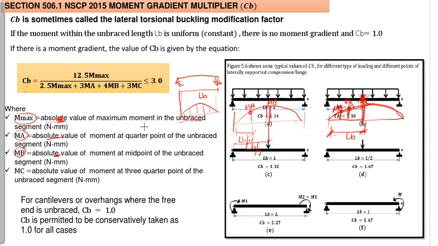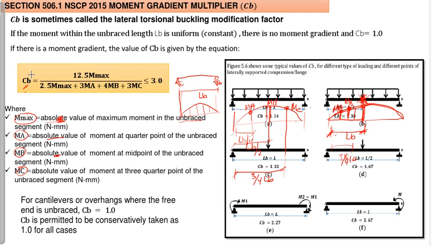Okay? And for the MC, this is the absolute. Absolute pa rin siya, always positive, at 3/4. So, for example, dyan, that is 3 over 4 of LB. The same dito, 3 over 4 of LB. Andyan yung value mo ng MC. So, kukunin nyo lahat yung values na yan, then substitute it here in our equation CB, masasolve na natin yung moment gradient multiplier natin, which is the CB.